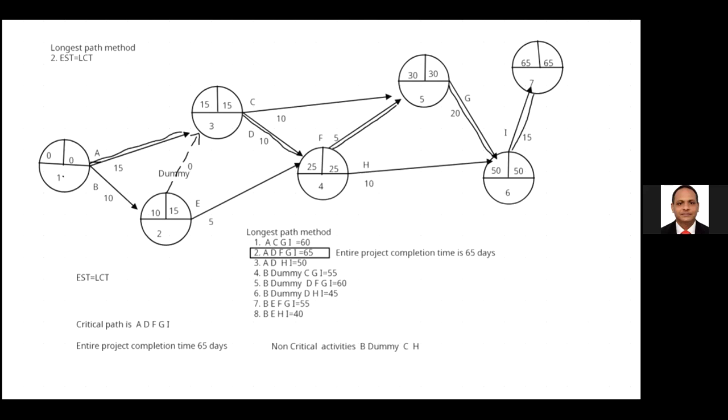But still, I didn't get the answer. Can you explain how we can complete within 65 days? If you complete A, B, C, D, all, just adding the total duration, we require 100 days.